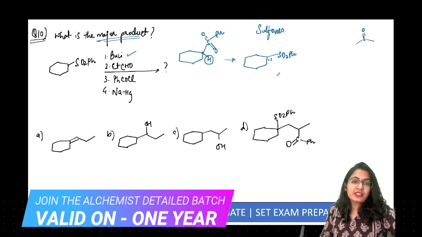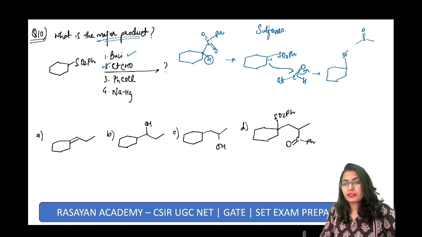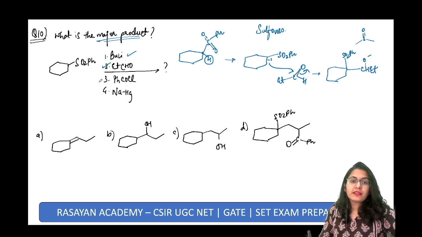It has a negative charge that attacks the second part of the molecule in the question. You have ethyl aldehyde in this way. Now here the carbon is going to attack, and after that you have to connect two of these molecules, SO2Ph, CHEt O minus, and usually we have acetic anhydride, Ac2O.